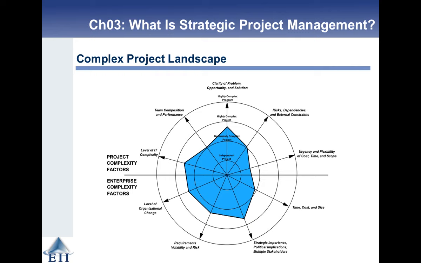Right, the level of IT complexity, the team composition and performance, the clarity of the problem, the risks associated with the project, how urgent is it, how much change is the organisation going to have, how changeable or volatile are the risks and requirements, how important is it to the entity, to the enterprise, and of course the time, cost and size of the project with respect to the enterprise and other things in the enterprise.